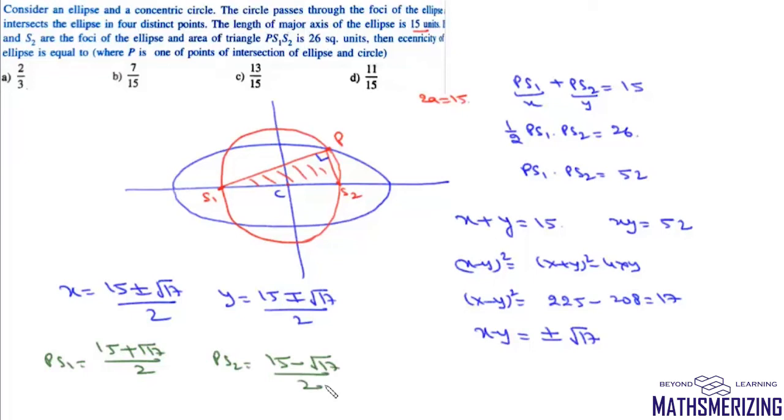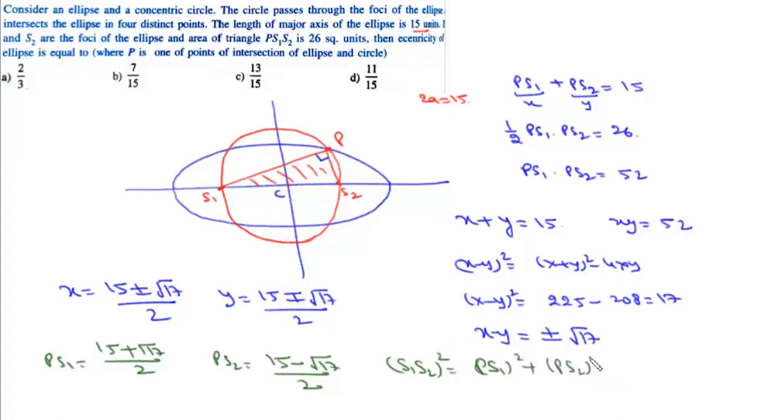Now we need to find eccentricity for this ellipse. So for this right angle triangle, we can write S1S2 square equal to PS1 square plus PS2 square. So we'll square and add. We can write this as 225 plus 17 upon 4 into 2.